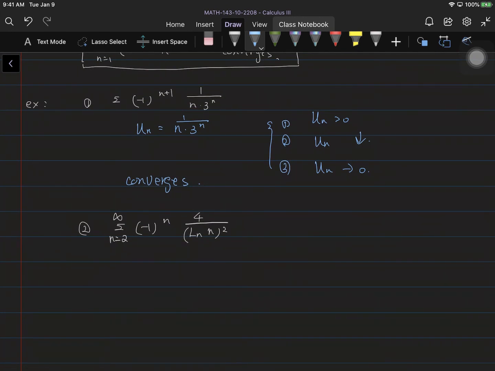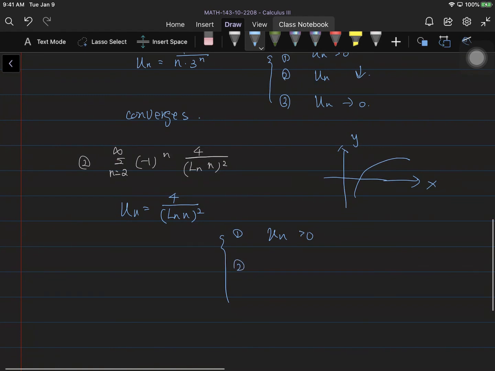The next one, un, we write down 4 over (ln n) squared. Even though the natural log may have a negative number, because we squared it, it's positive. So first, un is positive. Second, is this decreasing? The natural log function is increasing, so 1 over the natural log function is decreasing. Third, what's the limit?